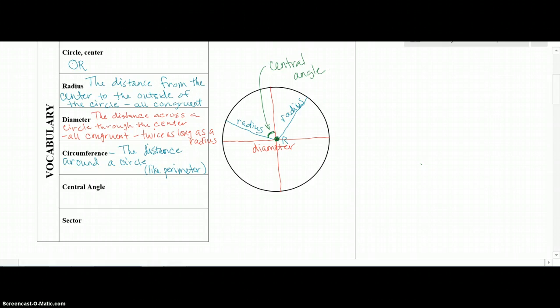And if you have kind of a piece of the pie or a piece of the pizza, this is called a sector of the circle.